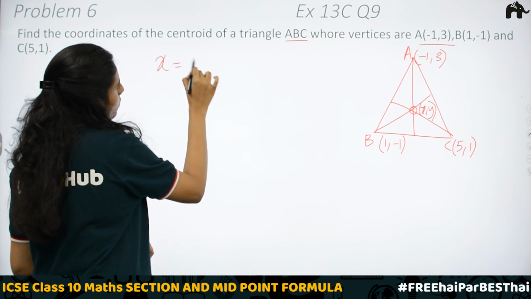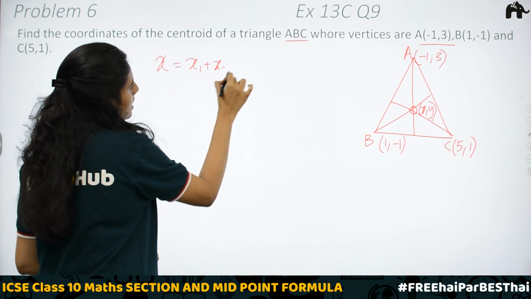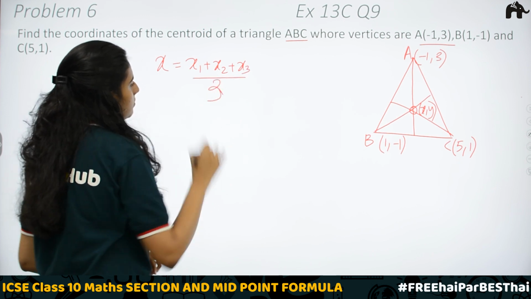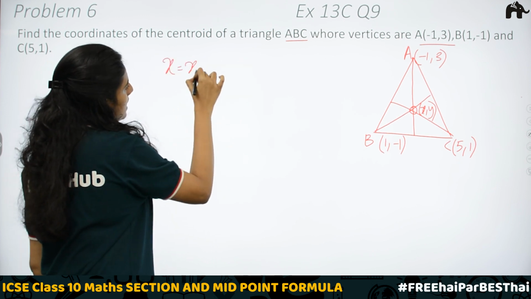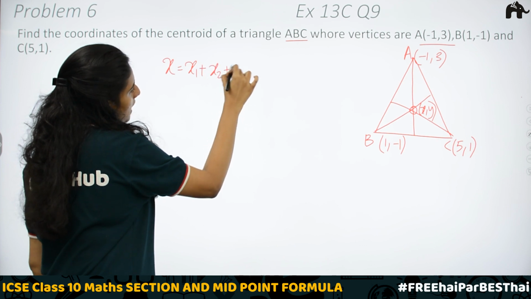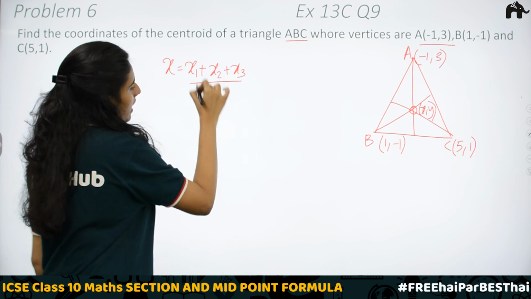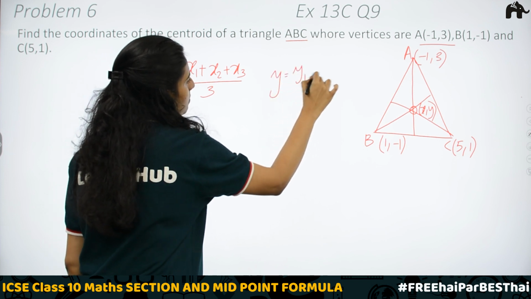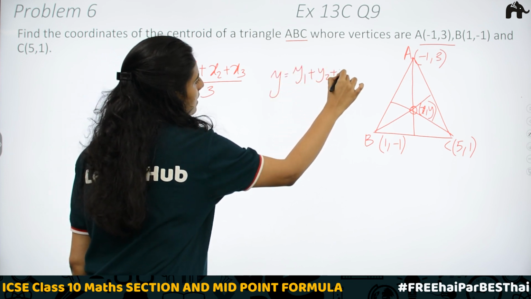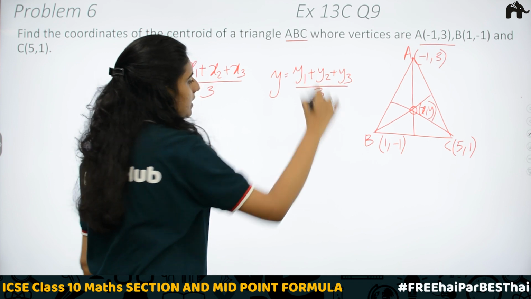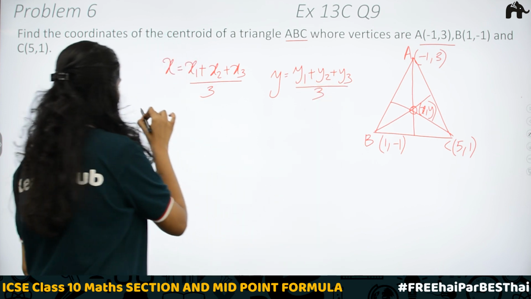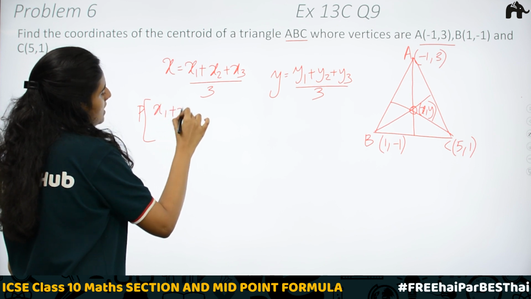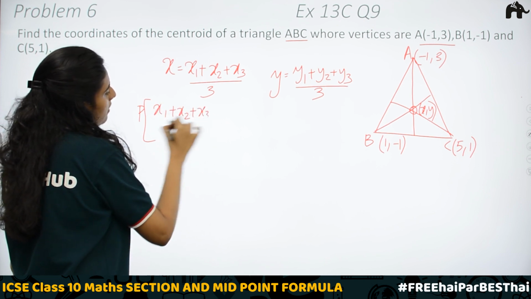X is equal to x1 plus x2 plus x3 divided by 3. And y is equal to y1 plus y2 plus y3 divided by 3. Therefore, for the point P, the coordinates are x1 plus x2 plus x3 divided by 3.